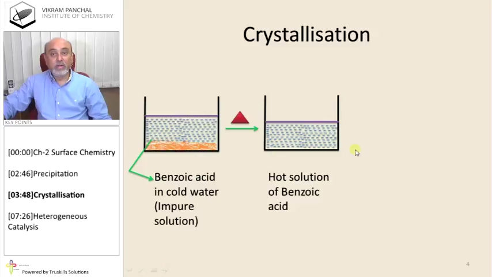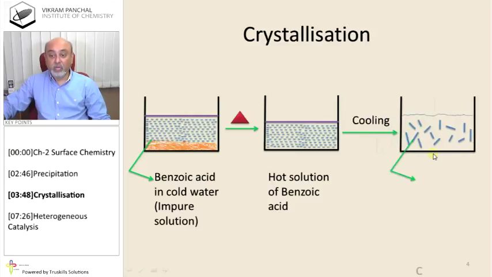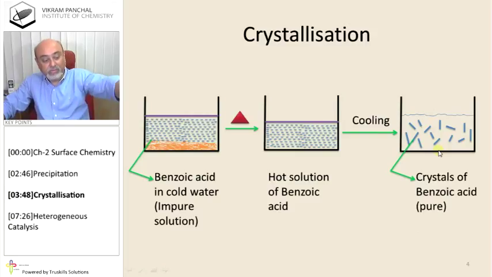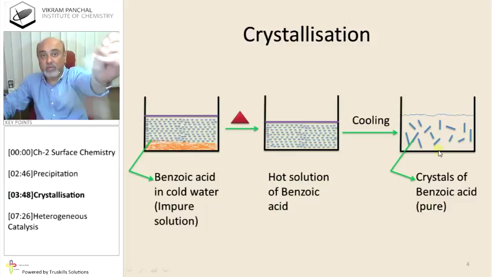When the temperature falls normally, those benzoic acid molecules which were dissolved due to heat regain their shape, and on cooling you get crystals of benzoic acid. These crystals are totally different. They are not powder, but pure crystals of benzoic acid. This is almost pure benzoic acid.